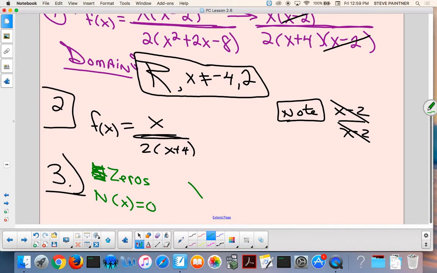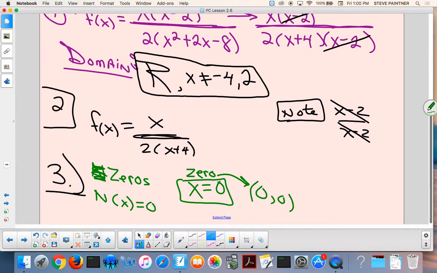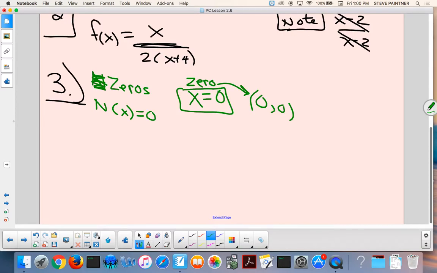X. My 0 is 0. But guys, zeros are just what? They're x-intercepts. So why don't you write it as an x-intercept? Zeros are just x-intercepts. Hey, that's a free point on your graph. That's a free point. 0, 0 is on your graph.